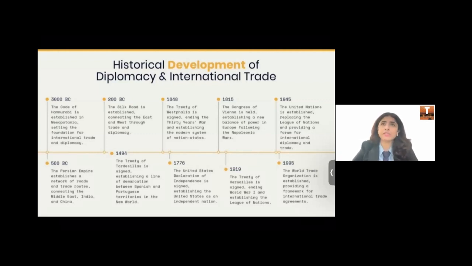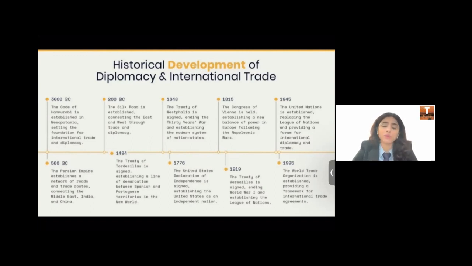For example, this includes the Congress of Vienna, 1814 to 1815, which aimed to restore stability in post-Napoleonic Europe. Napoleon, we've heard about him. And the United Nations was founded in 1945. It seeks to maintain peace, promote development, and facilitate international cooperation.